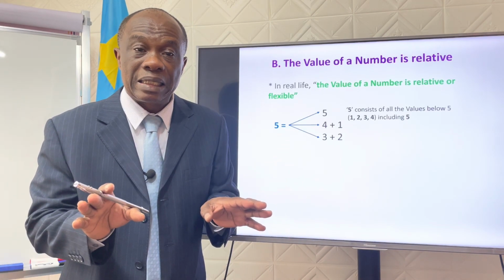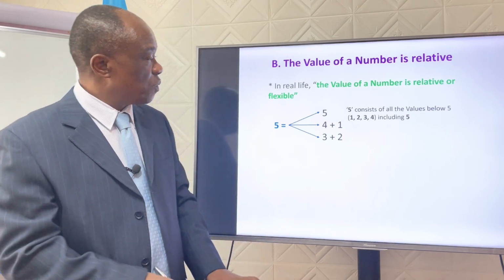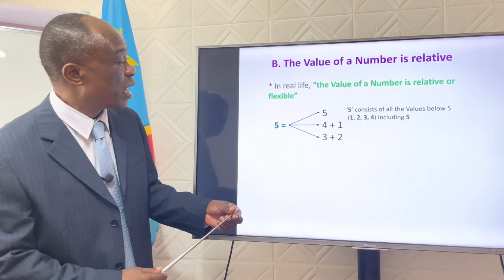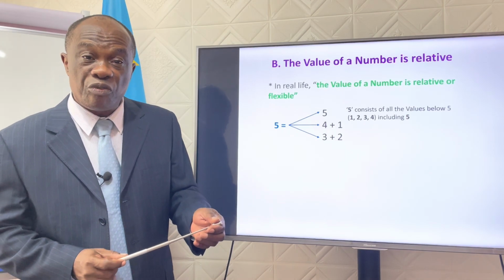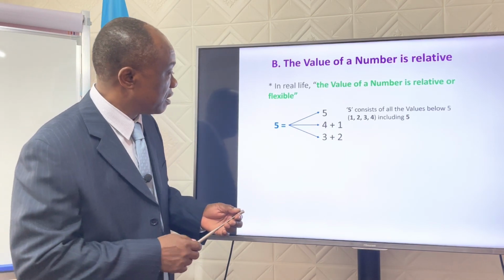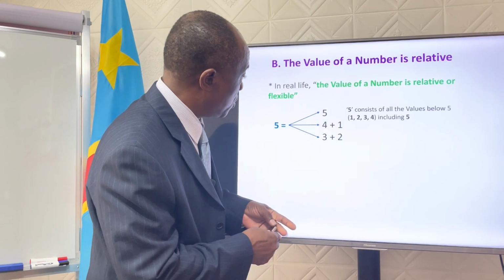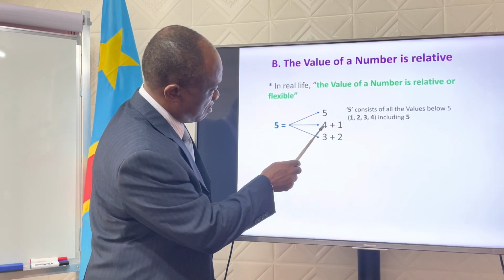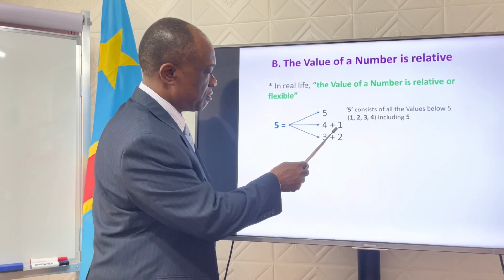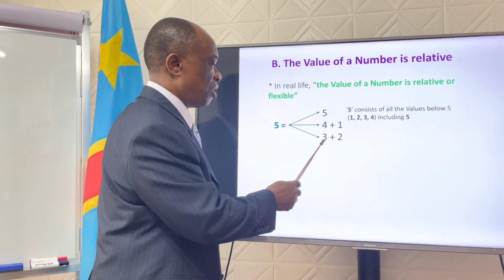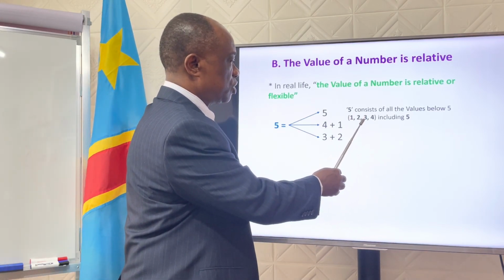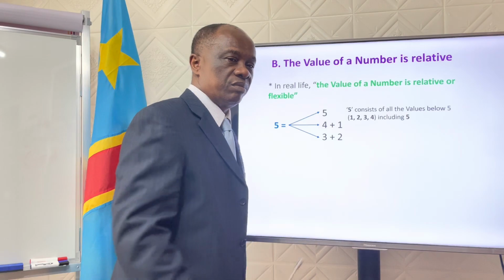But in the end, you will have only these values. The values you will have coming out of 5 are this 4, 1, 3, 2. In order, we say 1, 2, 3, 4.